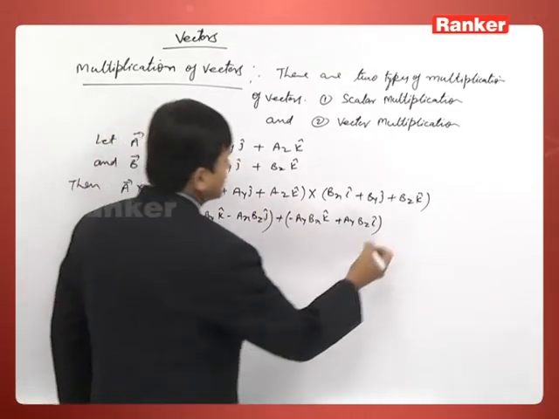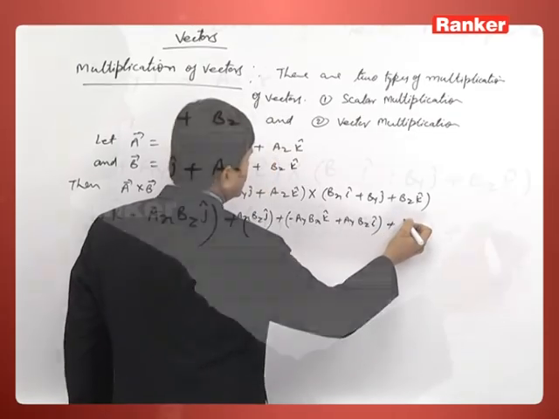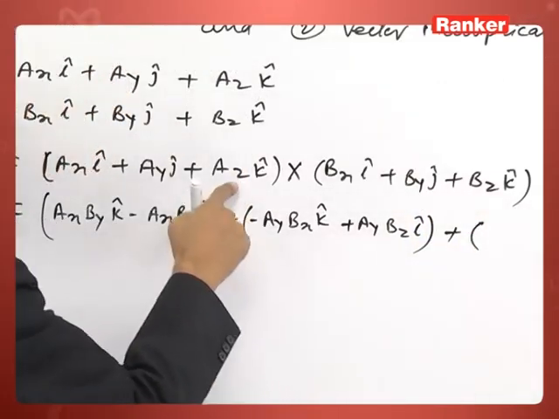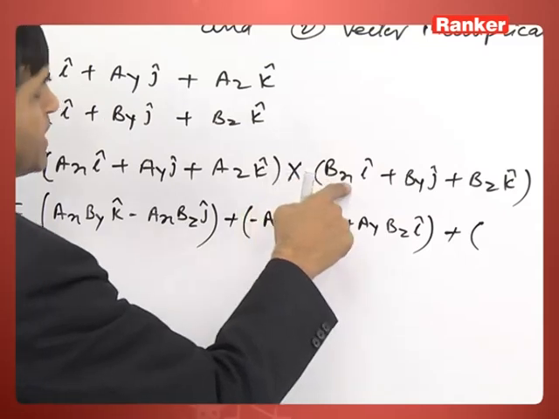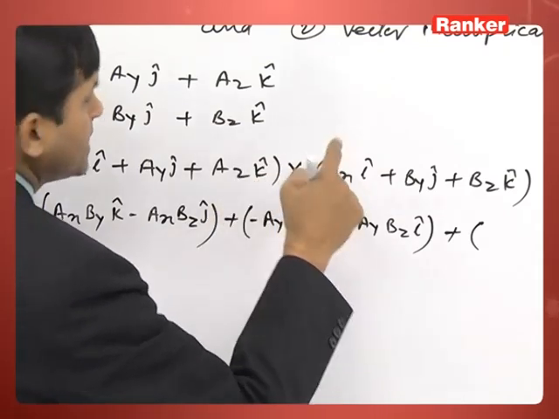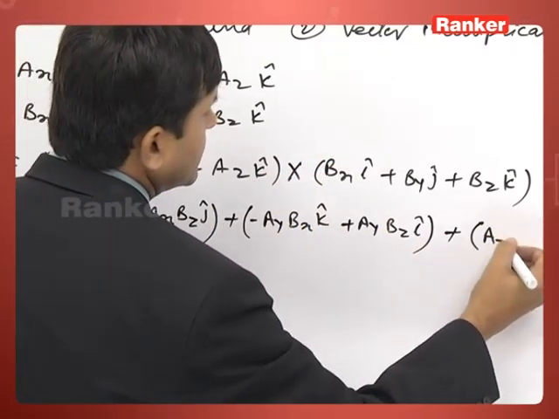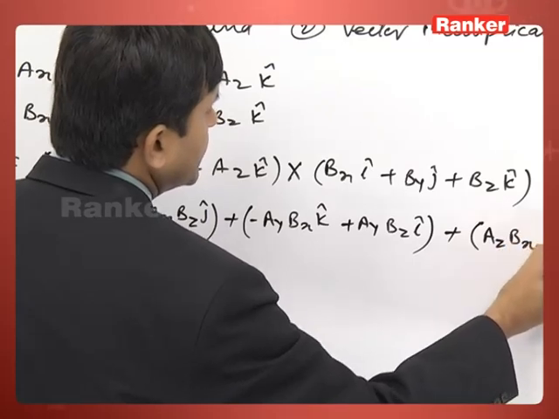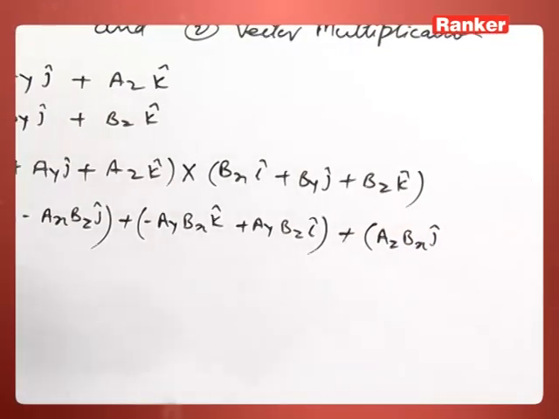Then for this k, in this k, az bx, k cross i is j, az bx j cap.